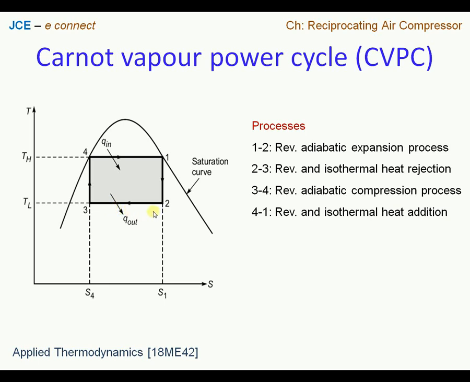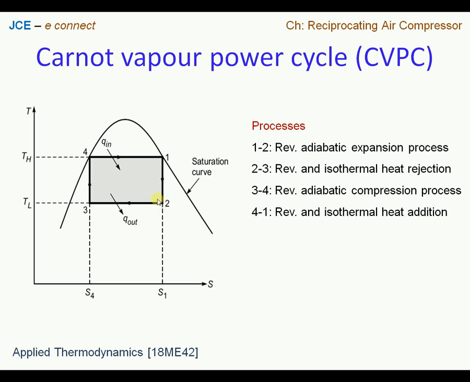So we see that there are two disadvantages with this Carnot cycle representing the steam power plant. We have state point number 2 and state point number 3. State point number 2 is well within the saturated liquid-vapor curve.